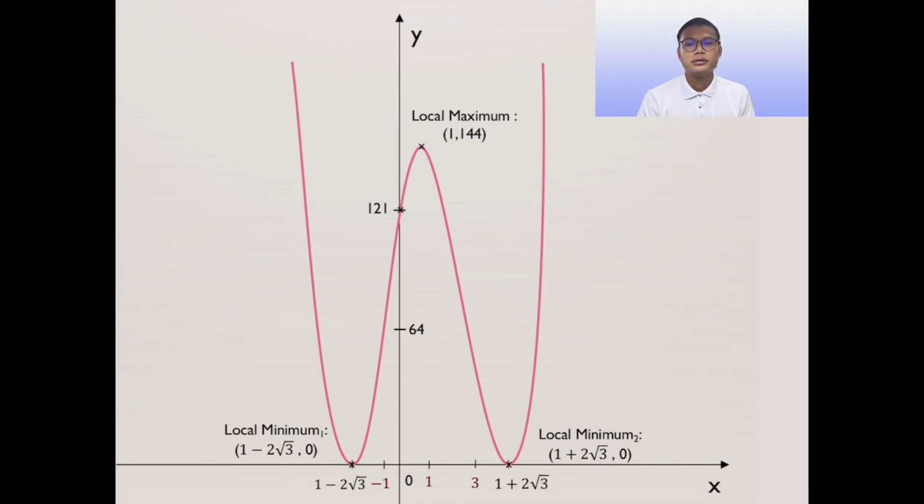Then for the concavity and inflection points of the curve, based on our calculation, we get two inflection points at (negative 1, 64) and (3, 64). The graph is concave upward from negative infinity to negative 1 and from 3 to positive infinity, whereas it is concave downward from negative 1 to 3.